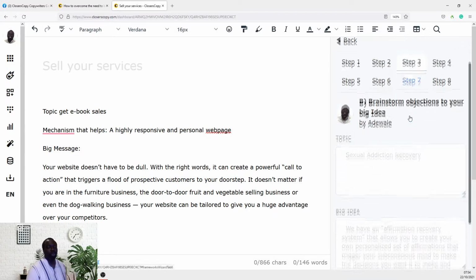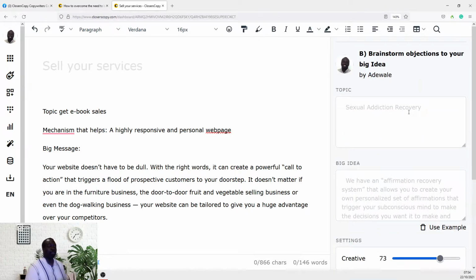Next step. So one of the angles people may write about is the objections people have about your product, if people are thinking, oh gosh, web pages, they don't really work that much, or web pages are such an old idea, I know about this already.